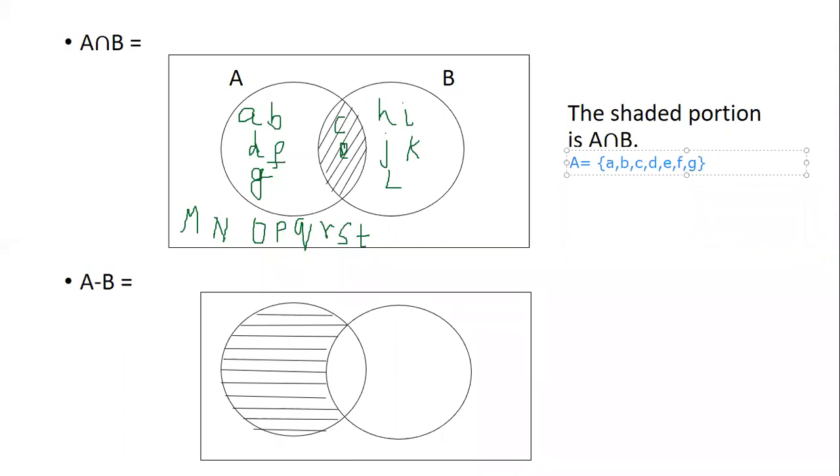Okay, now what is set B? Now tell me what is set B? Okay, C, E, and then H, I, J, K, L. Is this set B? Does everybody agree with set A and set B?